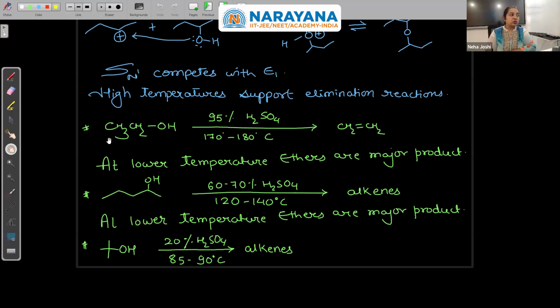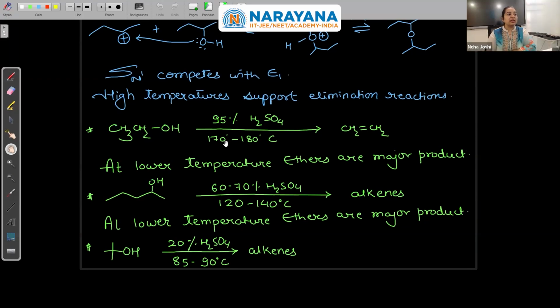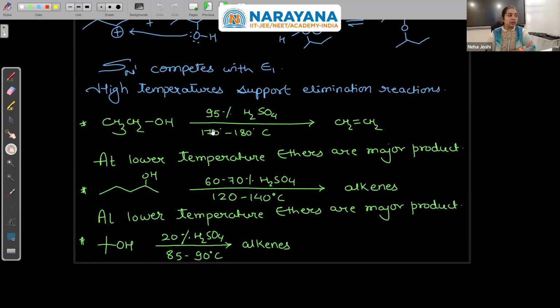CH3CH2OH. So this is ethanol, the smallest possible, and also primary. So see how highly concentrated H2SO4 is required, and temperatures are 170 to 180 degrees centigrade. At lower temperature, ethers are the major product. I'll have diethyl ether as the major product if I keep the temperature lower than this.